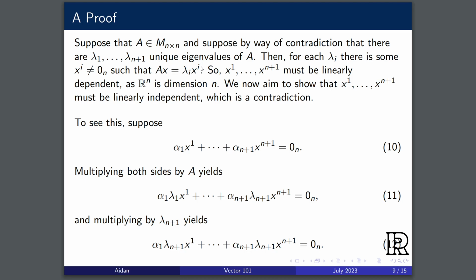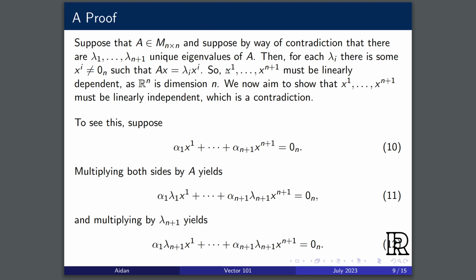Now we just showed that n-dimensional space is n-dimensional, which means that any list of n plus 1 vectors must be linearly dependent. If these were linearly independent, then that n-dimensional space would have to be at least n plus 1 dimensional, which makes no sense.